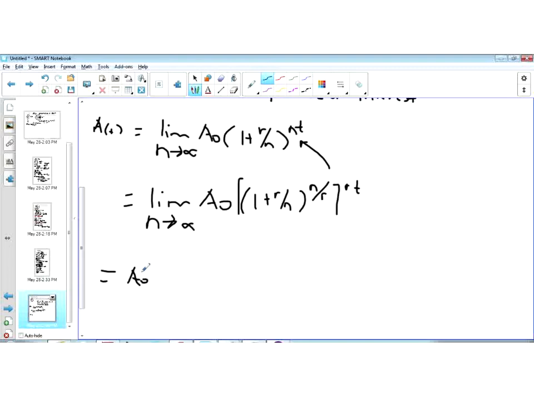Because A naught is just a constant, we can factor it out. The limit operator comes inside the brackets because we're taking the limit of a continuous function, and n is growing large. Remember our recent discussion on limit laws: the limit of a function raised to a power is the same as the limit of the function raised to the power. So that's what's going on here. Okay, so we can do this.